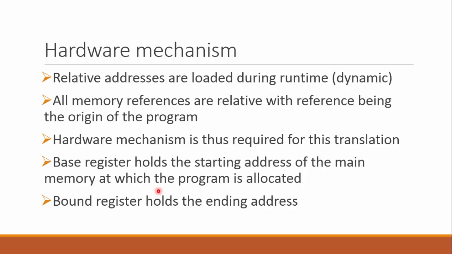The array name gets the memory first during runtime, then the subsequent elements a0, a1, a2 are relative addresses with respect to the first one, a0. They all get loaded during runtime, and all the memory references are basically relative to the origin of the program.